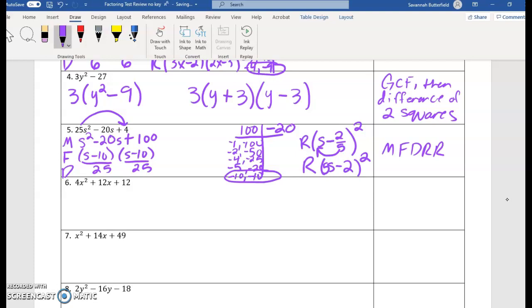Now looking at 6, I have a 4, a 12, and a 12, so I'm going to see if I can take a GCF. All three of these are divisible by 4, so I'm going to factor out a 4, and I'm left with x squared plus 3x plus 3. Now, looking at my trinomial methods, a here is 1 now because we factored out the 4.